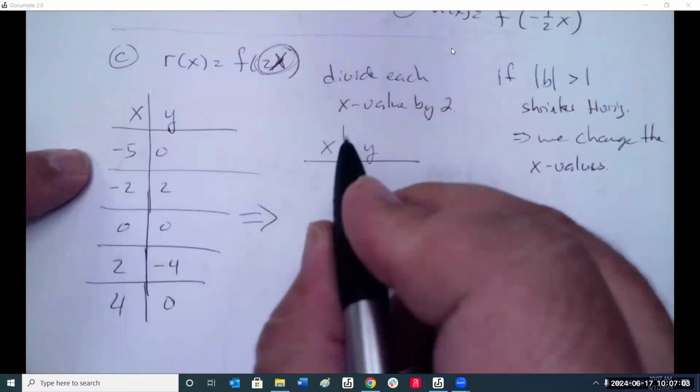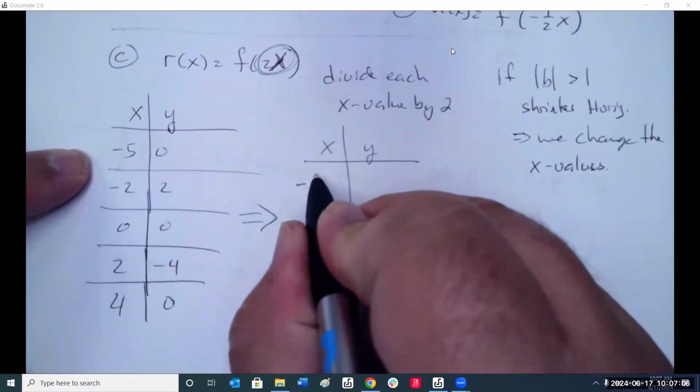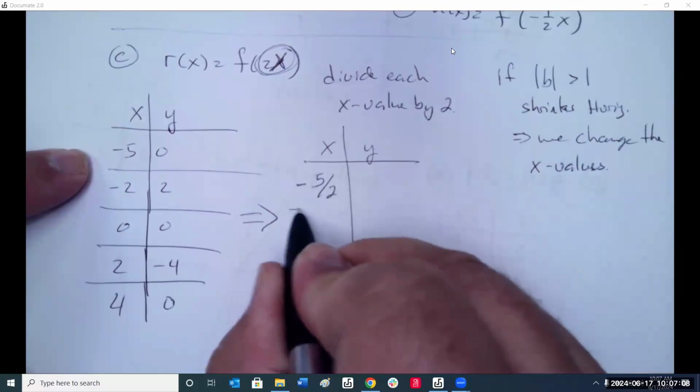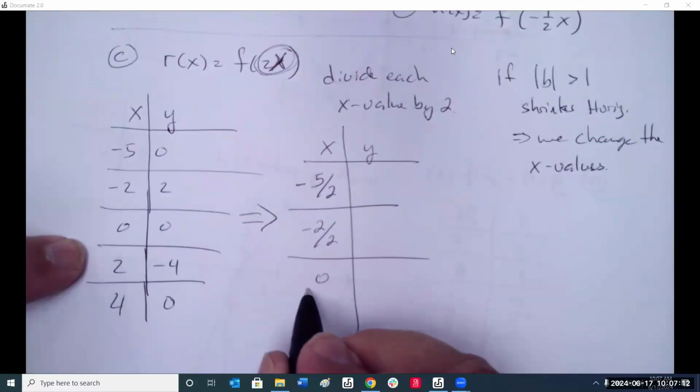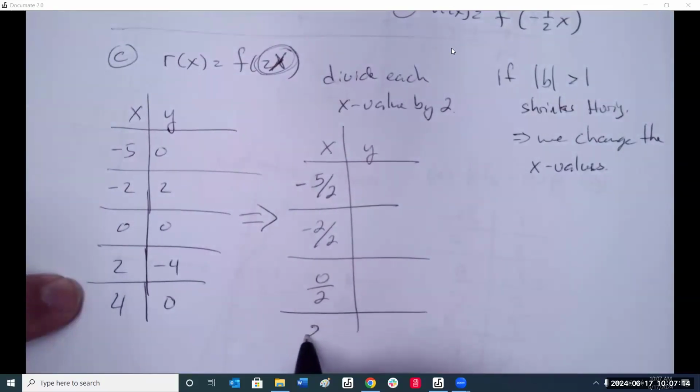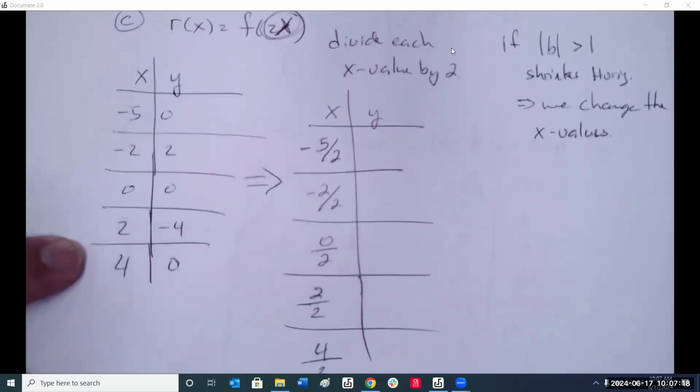So we have -5 divided by 2, -2 divided by 2, 0 divided by 2, 2 divided by 2, and 4 divided by 2.